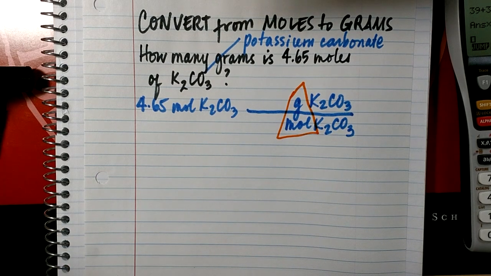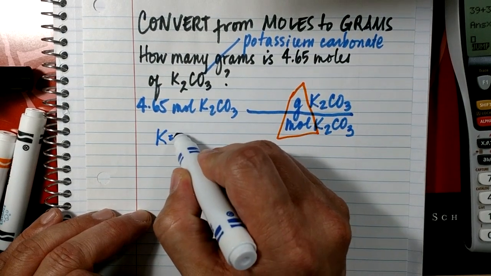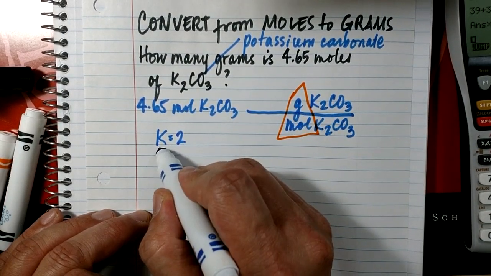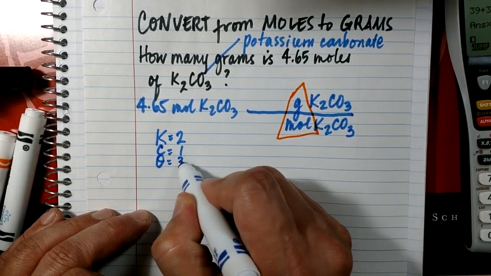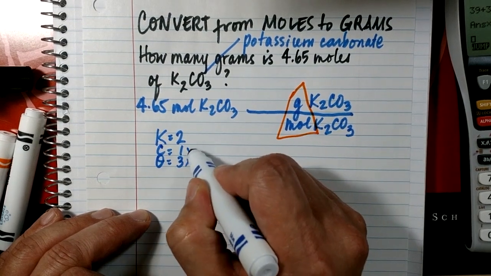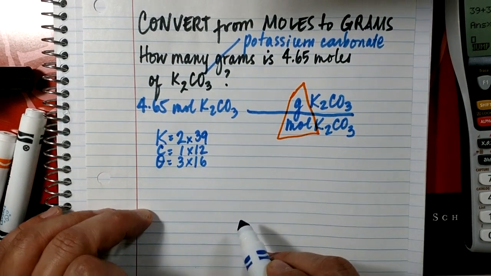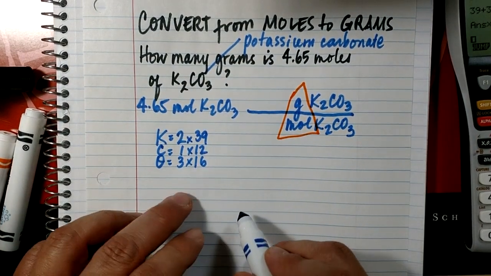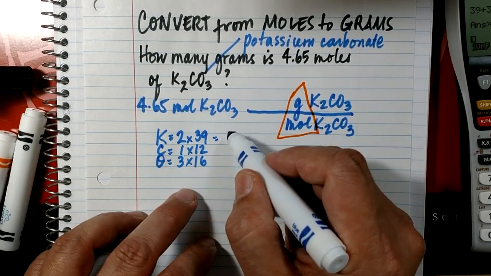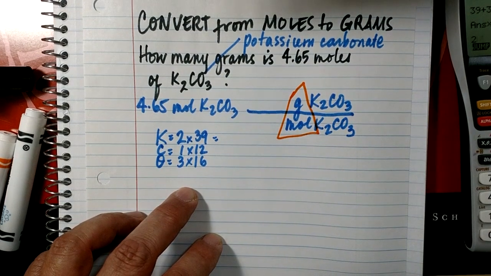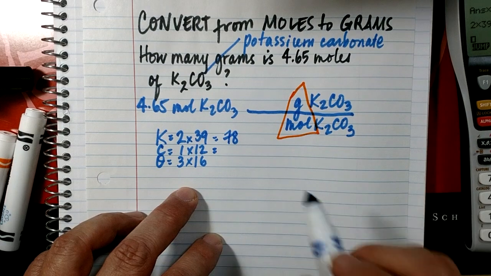And so we have to calculate the molar mass of potassium carbonate. We do that by counting formula units first. There are 2 formula units of potassium, 1 formula unit of carbon, and 3 formula units of oxygen. Multiply each by their individual molar masses, which you can find on the periodic table. Potassium is 39 grams per mole. And since there are 2 formula units, that's 2 times 39 gives us 78 grams per mole.